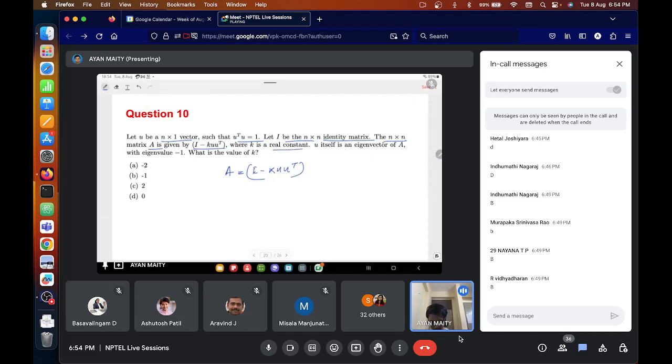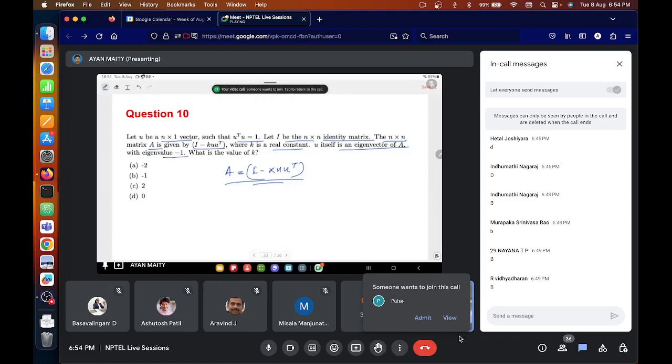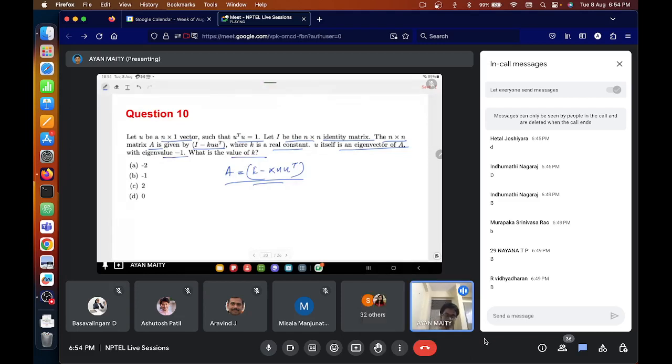U itself is an eigenvector of A, with eigenvalue minus 1. So what is the value of K? It is given that U is an eigenvector of A with eigenvalue minus 1, and U transpose U equals 1. So you have to compute the value of K.